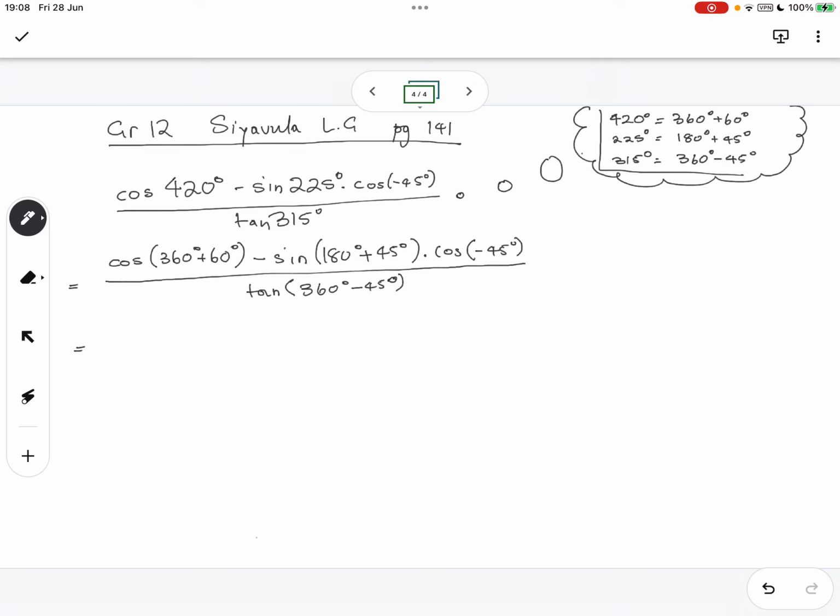All right. Then when we reduce, 360 degrees plus is first quadrant, cos is positive. So we have positive cos 60 degrees minus sine of 180 plus 45, which makes sine negative because 180 degrees plus is in the third quadrant and sine is negative.